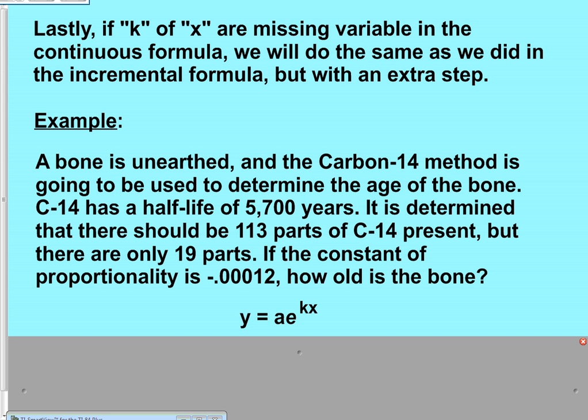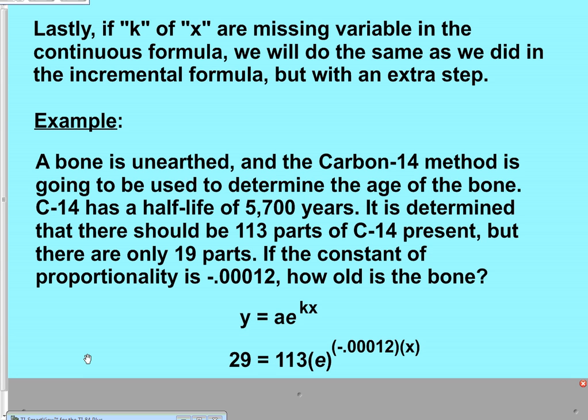That would actually be the current value. The initial value was determined to be 113. E is of course a constant, k, our constant of proportionality, is provided for us, and x, being time, is unknown. So we should be looking at a problem like that.